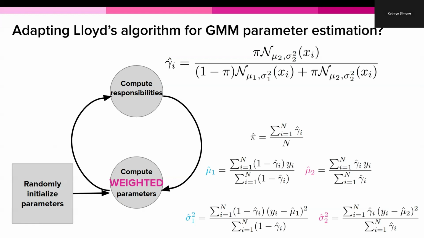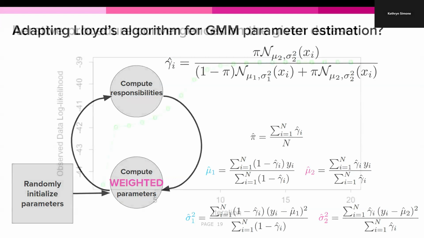It's essentially a coin flip about whether it came from one mode or the other. And so those points are going to contribute to the parameter estimates for both modes, although not as much as those that have higher responsibilities.